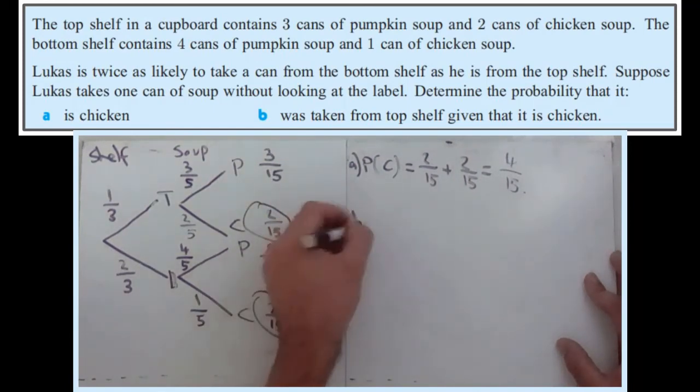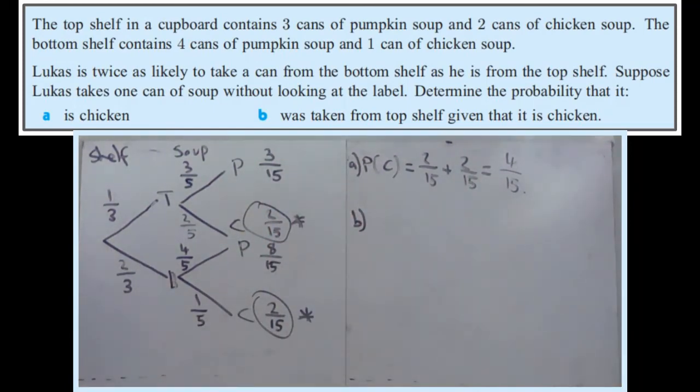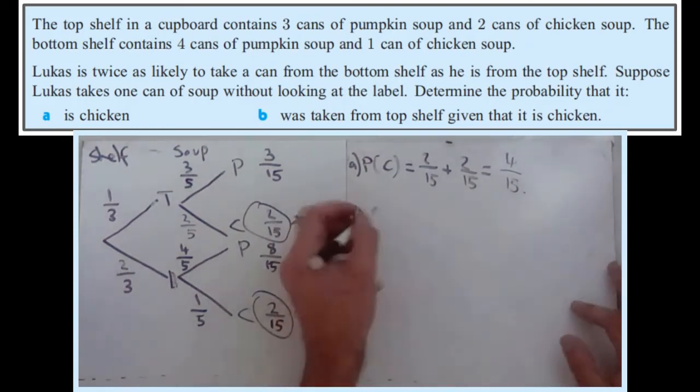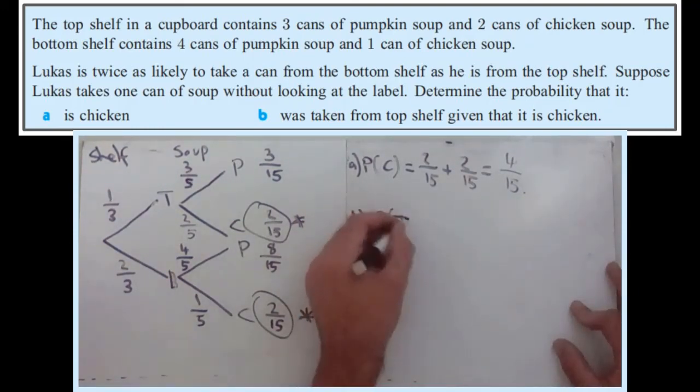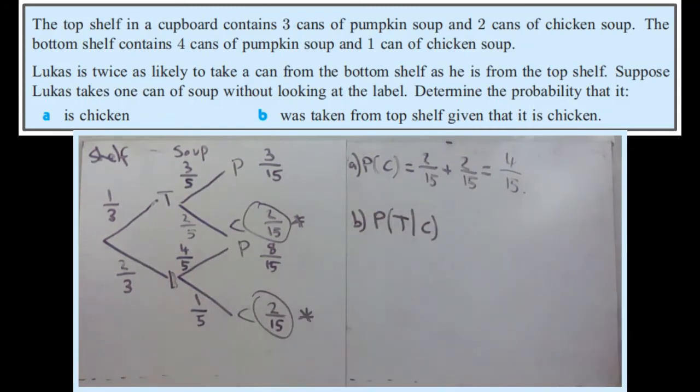Now we're on to the conditional stuff. Probability top shelf given that it is chicken. I keep saying the probability of one thing given another equals the probability of both over the probability of the given one.